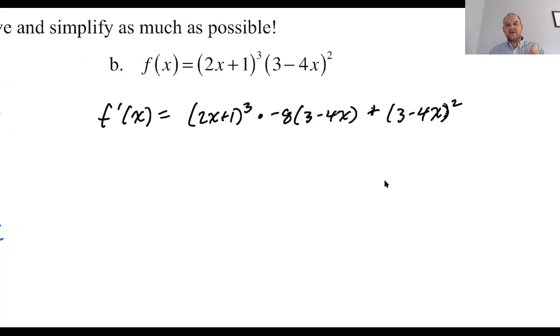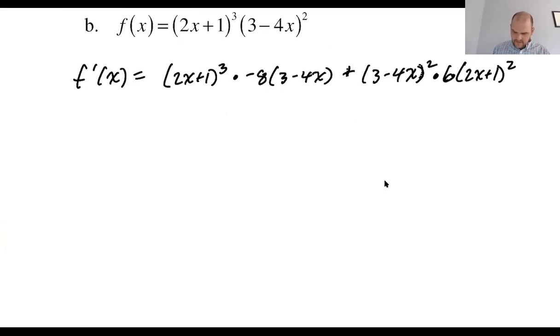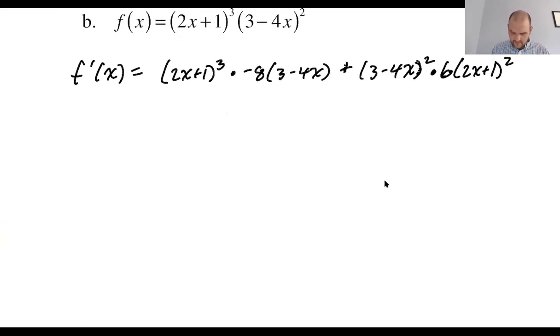So it's going to be 3, that thing to the second, times 2, so I'm going to write 6, 2x plus 1 squared. Now, where did everything come from? First, derivative of the second, plus second, derivative of the first, and then first, derivative of the second, plus second, derivative of the first. So that's where everything came from.